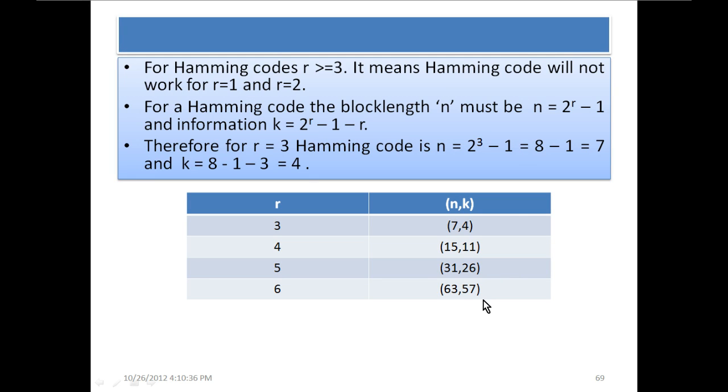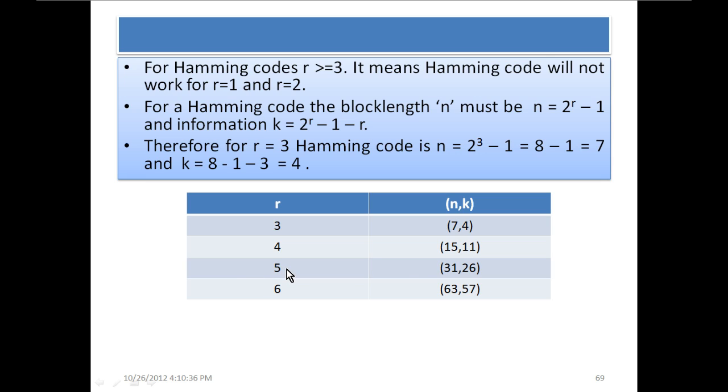There is a given formula or restriction: if you want to add 4 parity bits, then the code word length must be 15, and the information bit length must be 15 minus 4, which is 11.